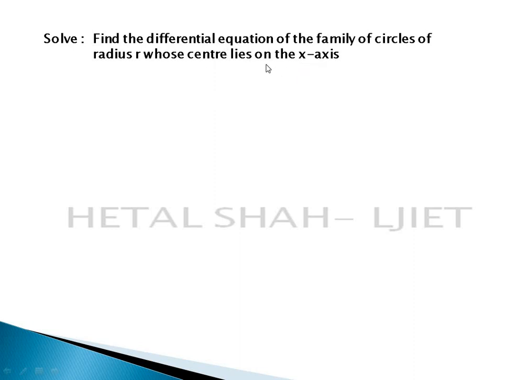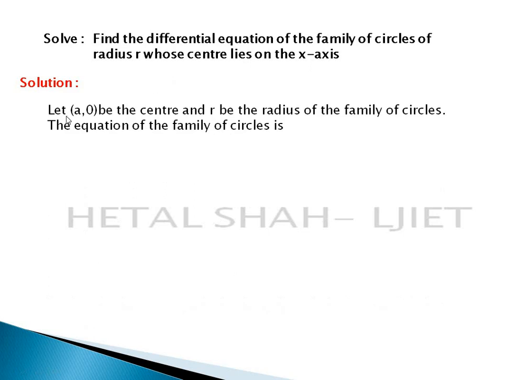Center on the x-axis means its y coordinate is 0. So let's assume the center is (a, 0). Here the x coordinate is a and the y coordinate is 0. This is the center, r is the radius which is given.